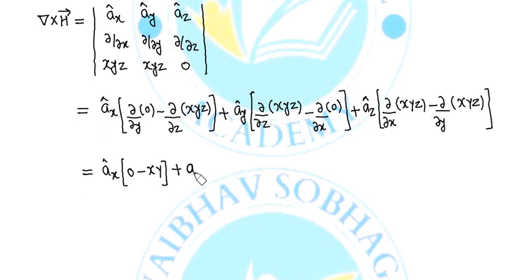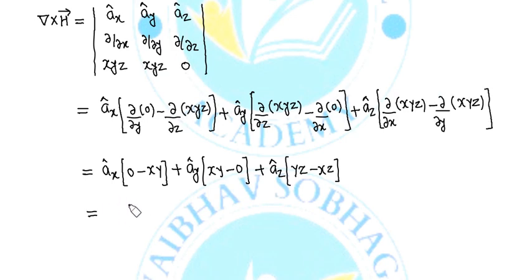Plus ay cap: differentiation of xyz with respect to z is xy, and this second term will be 0 again. Then plus az cap: differentiation of xyz with respect to x is yz, minus differentiation of xyz with respect to y, which is xz. Okay, so rewrite that one.